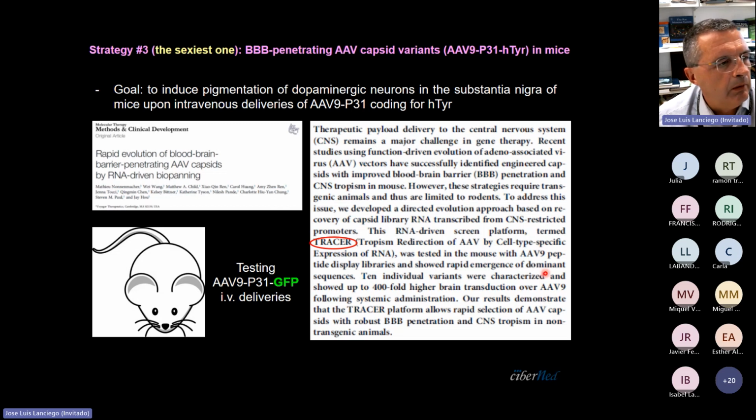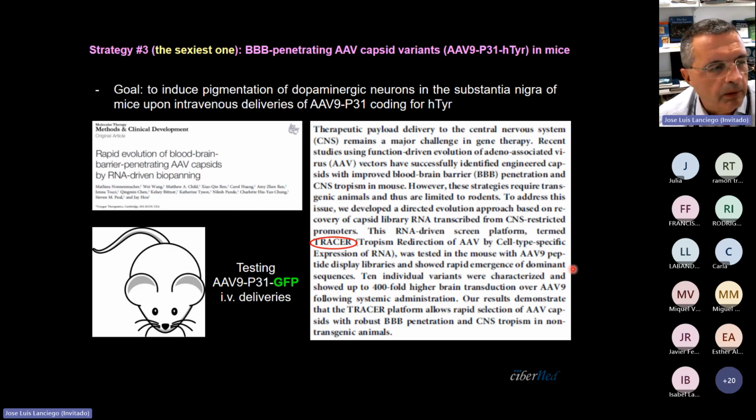And, by going through a super sophisticated procedure called TRACER, don't ask me to talk about it because I don't understand more than half of the paper. In brief, they managed to generate a library of new capsids that can penetrate the blood-brain barrier upon systemic delivery. And they have generated up to 10 or 12 capsids.